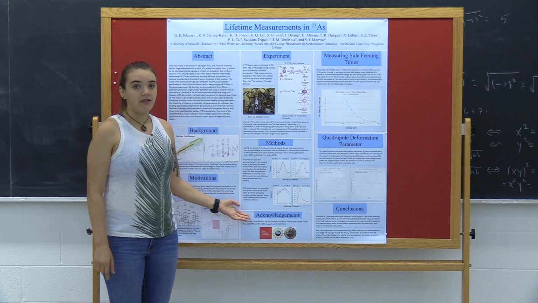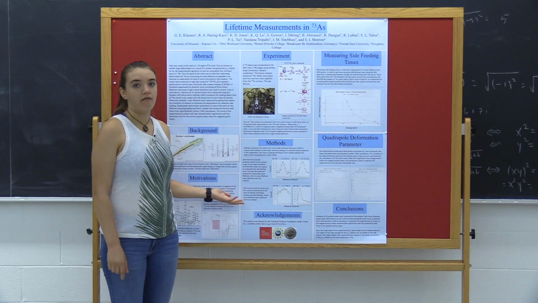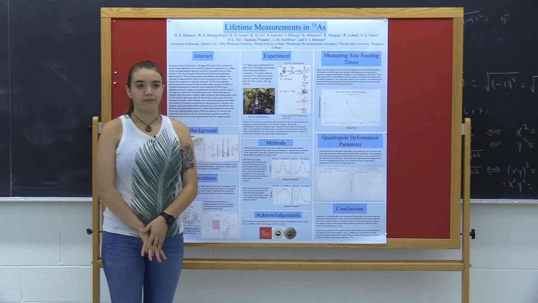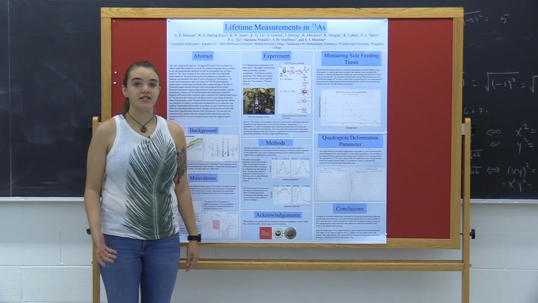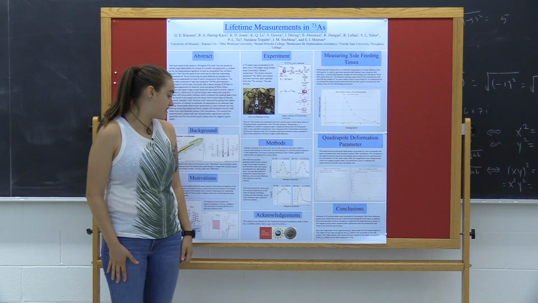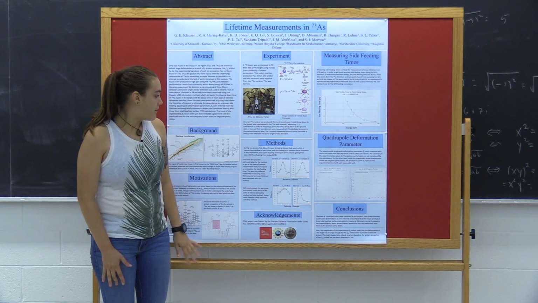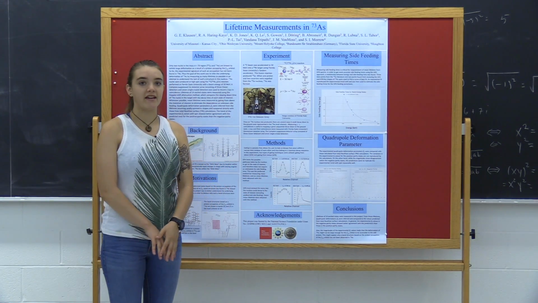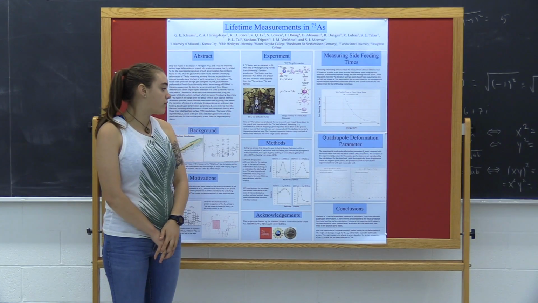Gating from below is the other type, and with this type you have to account for side feeding time because there are multiple ways the nucleus could decay to that state of interest. These pictures are examples that I got from both gating from above and gating from below.